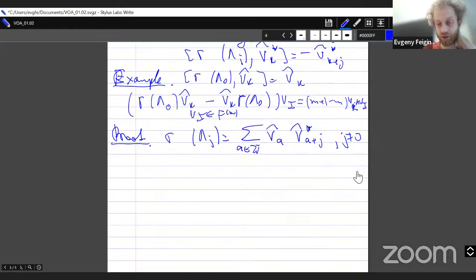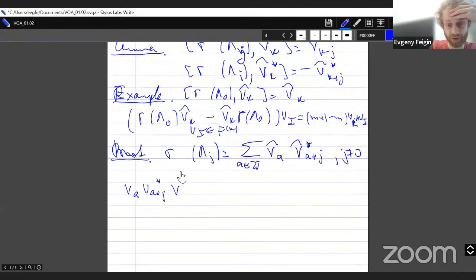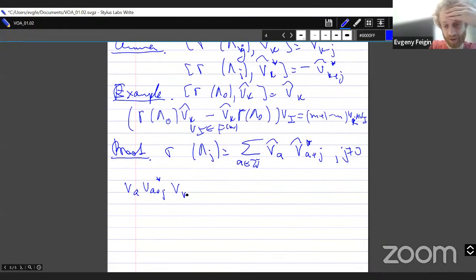So this is indeed true, and for the second, it's true as well. So we only need to compute the non-zero term, and for this non-zero term, this is rather simple. We want to look at v_{a+j} star, and we multiply it with v_k hat.